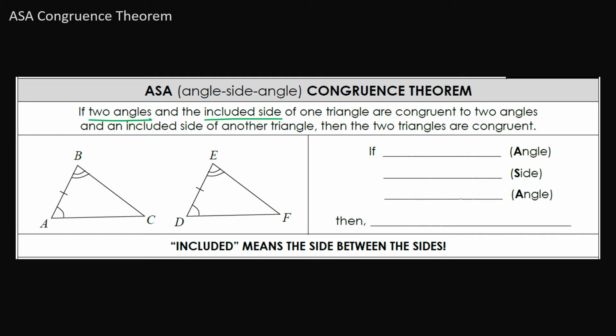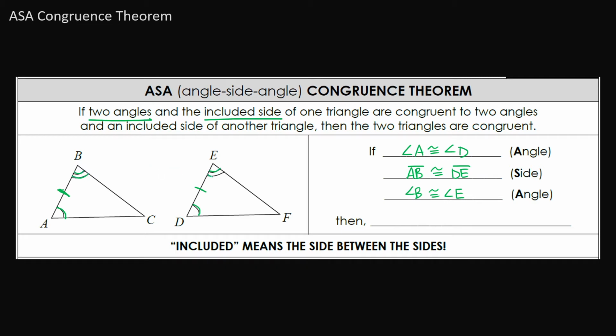Let's break down this angle side angle situation for this diagram. In this diagram, basically we're saying if angle A is congruent to angle D, so you can see the single arc marks here, and if side AB is congruent to side DE in the other triangle, again labeling with tick marks for congruent sides, and if angle B is congruent to angle E, double arc marks here.